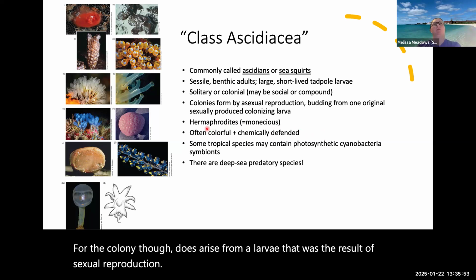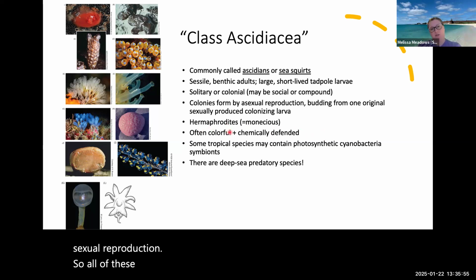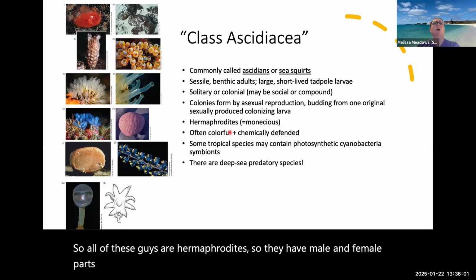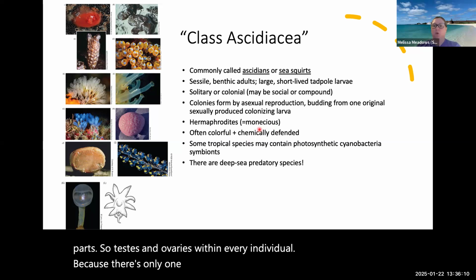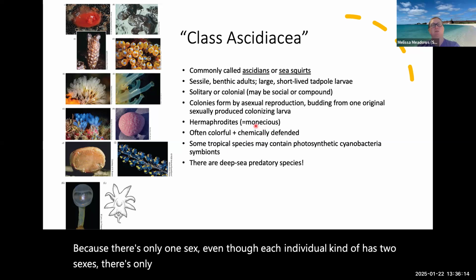So all of these guys are hermaphrodites. So they have male and female parts, so testes and ovaries within every individual. Because there's only one sex, even though each individual kind of has two sexes, there's only one sex of individual. That's also called monoecious. You've heard that term?